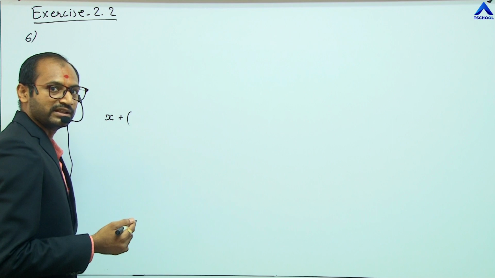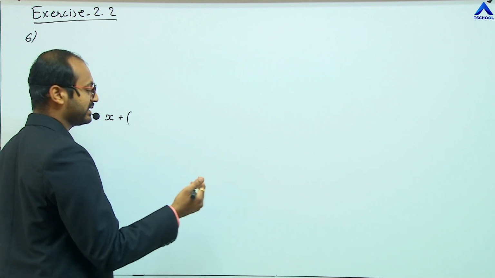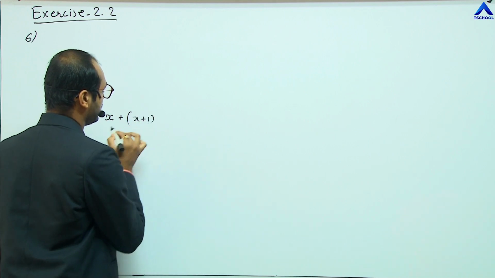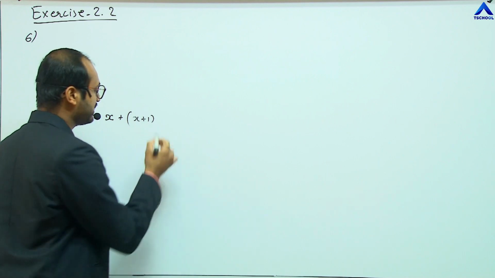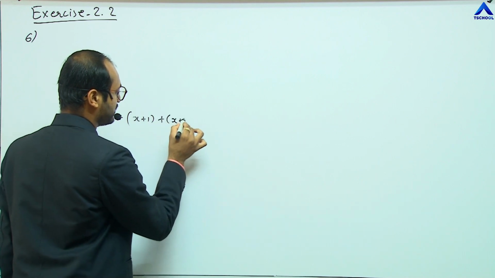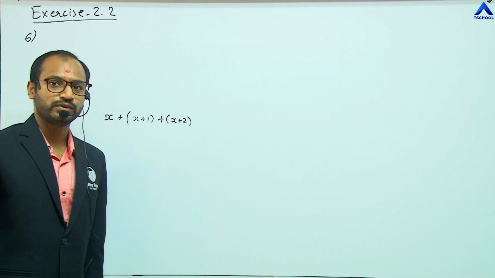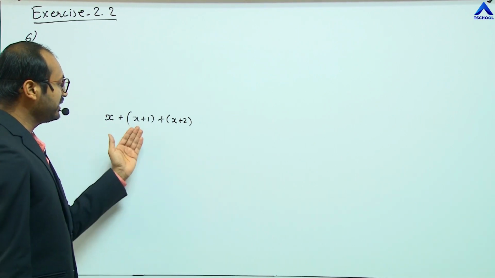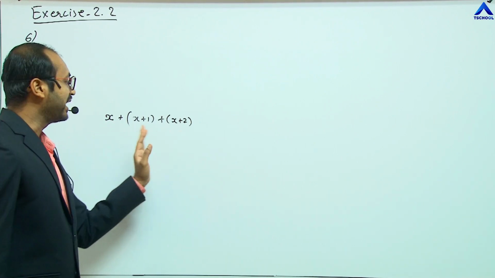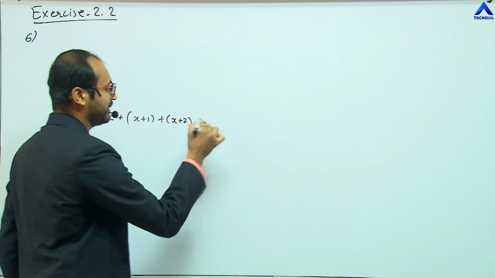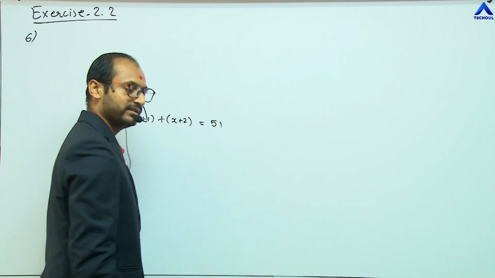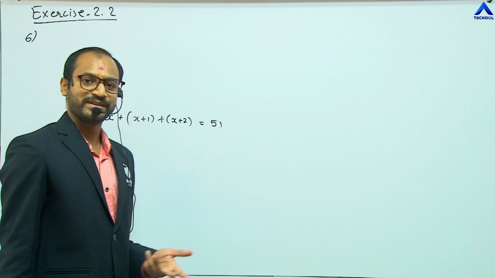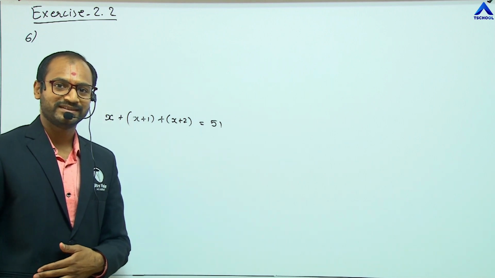As we know, for consecutive integers, the next integer is x plus 1, and the next integer is x plus 2. So there are 3 consecutive integers and the addition of these 3 is 51. Now it is so simple to solve.